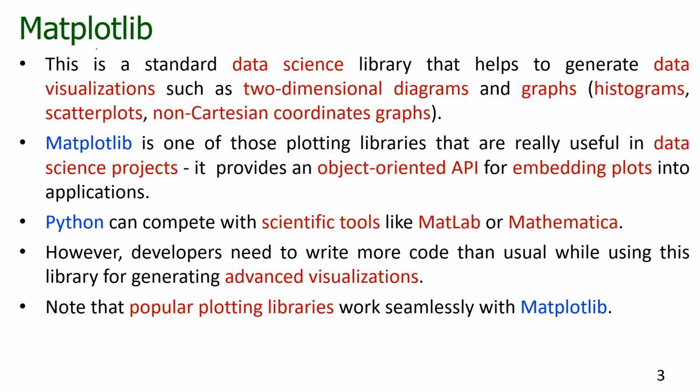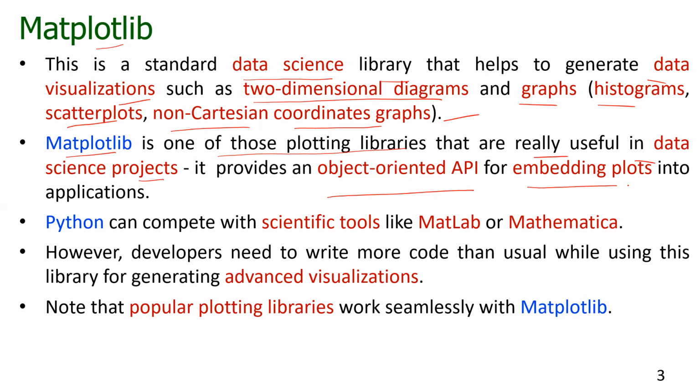Matplotlib is a standard data science library that helps to generate data visualizations, such as two-dimensional diagrams and graphs. Graphs means things like histograms, scatter plots, non-Cartesian coordinate graphs, etc. Matplotlib is one of those plotting libraries that are really useful in data science projects, which provides an object-oriented API for embedding plots into applications.